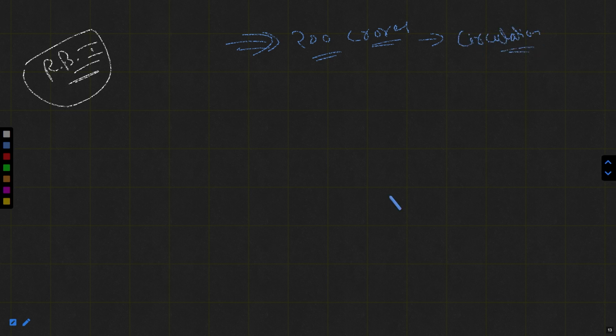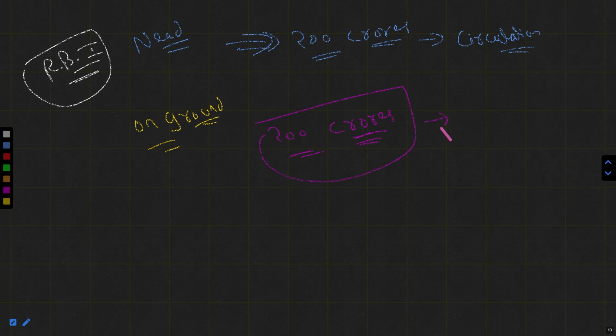Okay, this is the need. All right, then comes the term on ground. On ground, basically you can say notes worth rupees 200 crores are already in circulation.